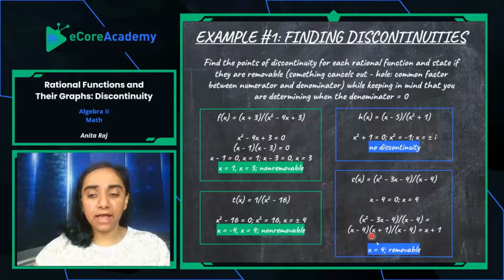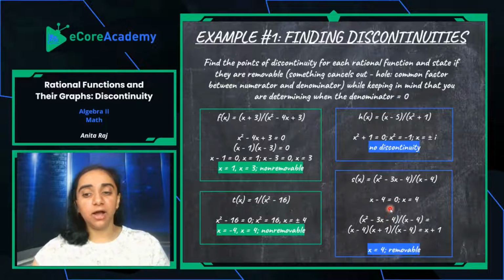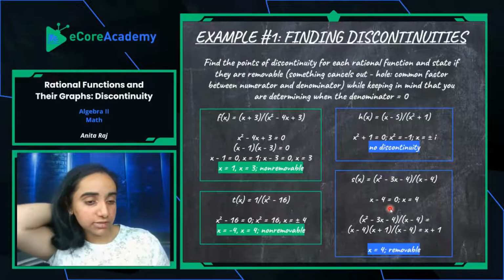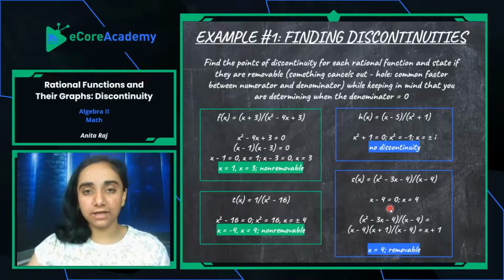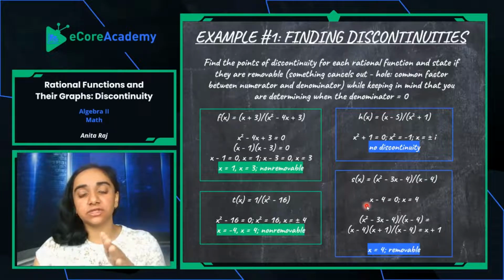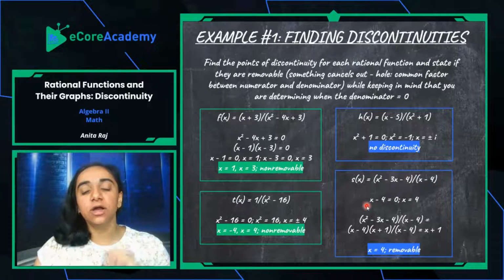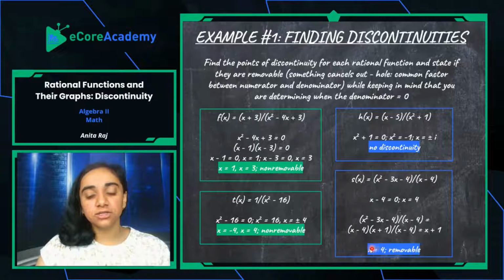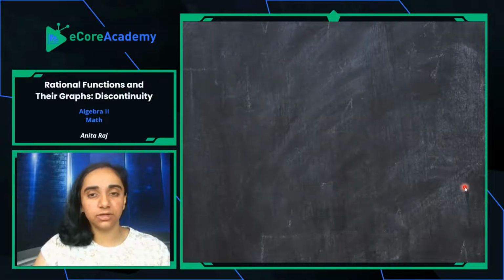But when we graph, we have to make sure we include a hole at x equals 4 because we factored the numerator and got a common factor between the numerator and denominator. So instead of having a vertical asymptote, now we have a hole. We have a hole at x equals 4 because we set x minus 4, which is the common factor, equal to 0 and find that x is equal to 4. Because it's a hole, it's a removable discontinuity.